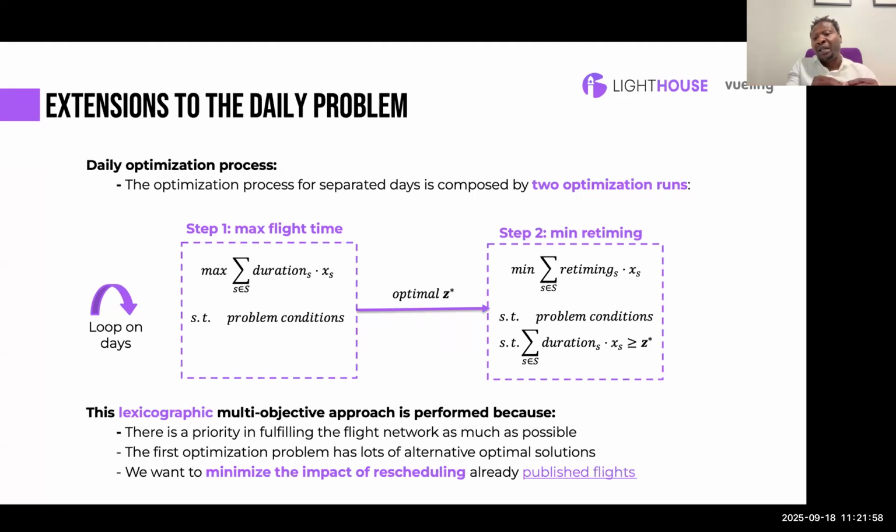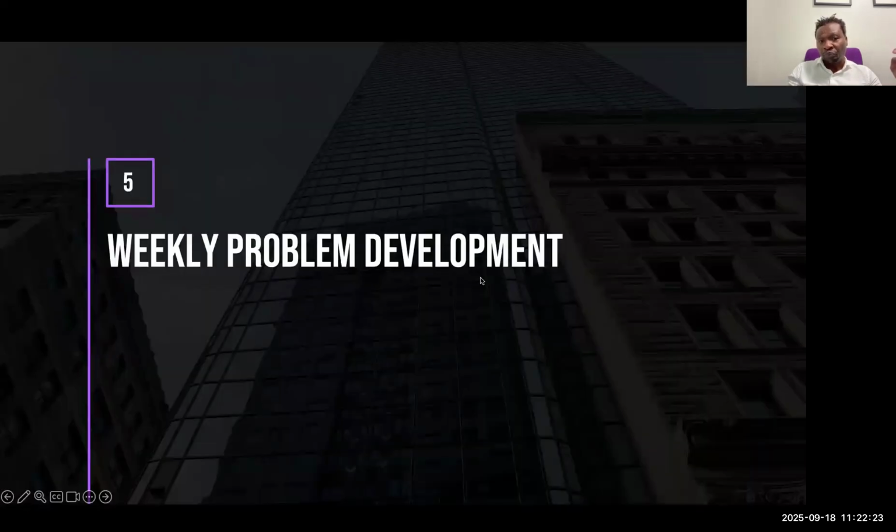So to make it real, we need to introduce something that we call retiming. What it does is make sure that the end solutions are not too far away from the original solution, so that we can change a few things to meet the optimal schedule that we are looking for.